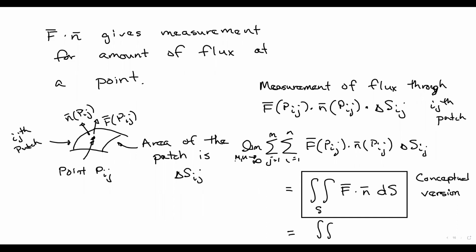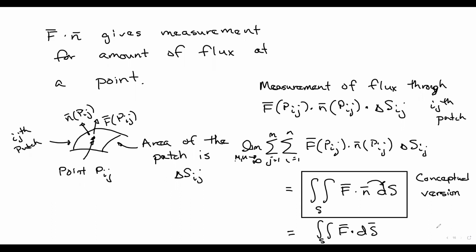There's an alternate conceptual version that is shorthanded into f dot dS, so the n is combined with the dS into one component, and you end up dotting f with dS, where dS is a vector. We will end up using this format more often than this format, but I just wanted to start off with the base format, which is that f is dotted with n dS.